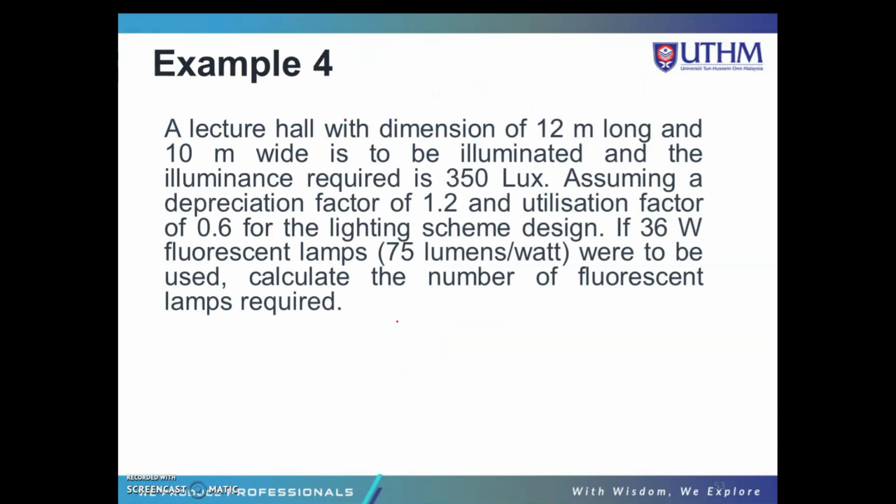Okay, we look at example 4, a lecture hall with dimensions of 12 meters long and 10 meters wide. So the area will be 12 times 10, so 120 meters squared.